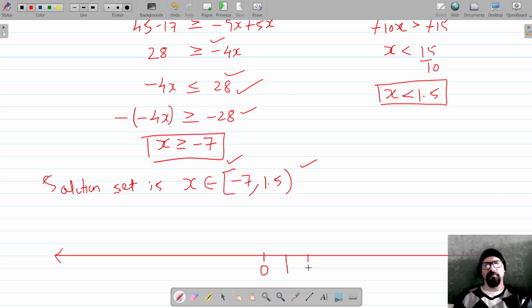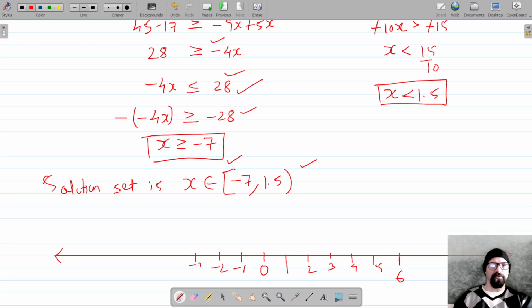Let's say this is 0, 1, 2, 3, 4, 5, 6, and so on, and this is -1, -2, -3, -4, -5, -6, and -7. Our solution set begins from -7 because -7 is included.